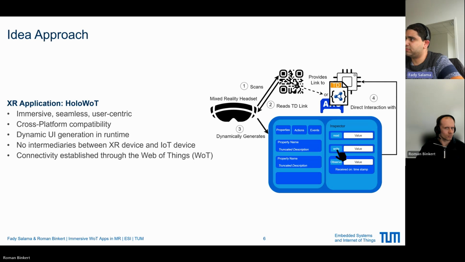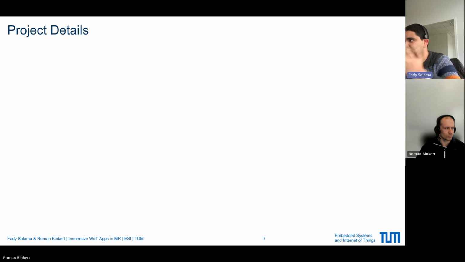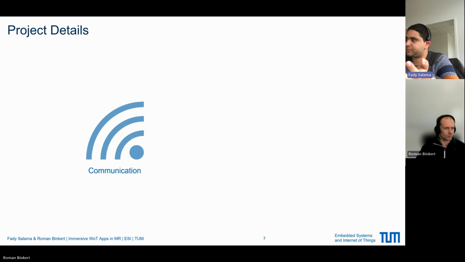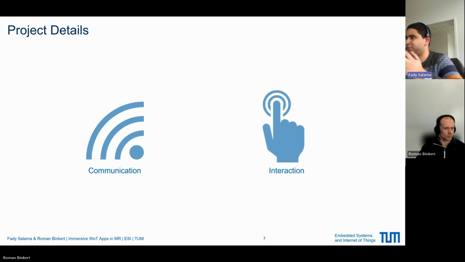So the project has two parts: the communication and the interaction. To introduce the communication, we will need to introduce the Web of Things to those people here who are exposed to it for the first time. And this is where I give the helm to Roman.